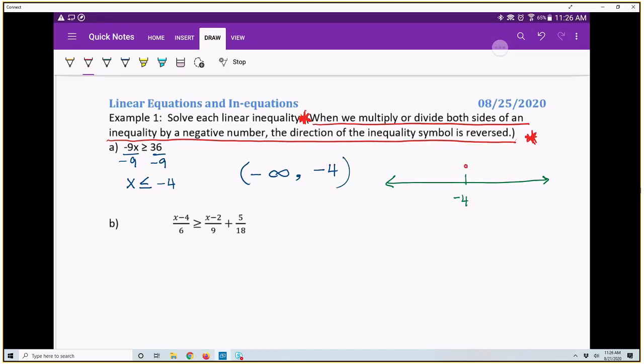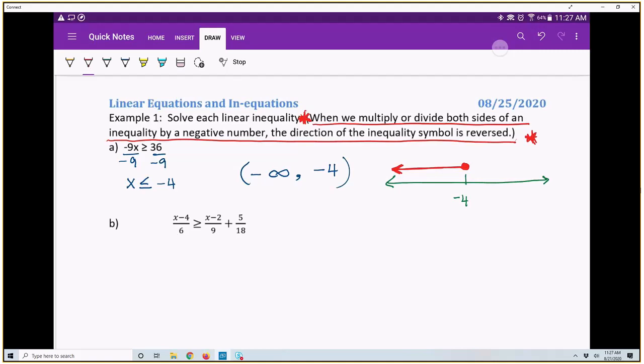I'm going to have a closed dot because negative 4 is included all the way down to infinity. So you can draw the picture just like this. Okay, let's see part B. So part B, it looks like I have a rational inequality. So I want to try to clear denominators.